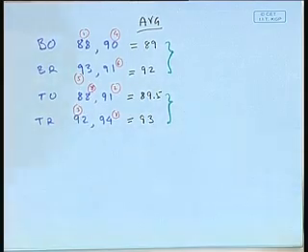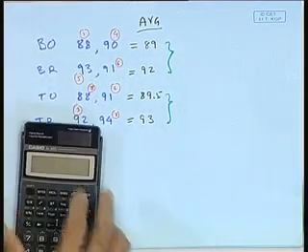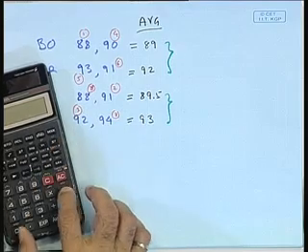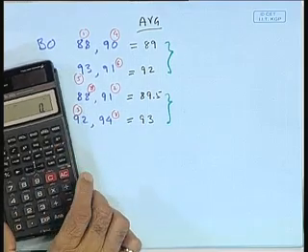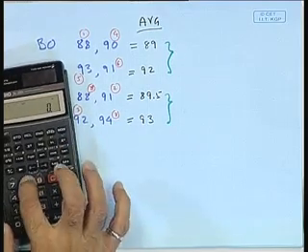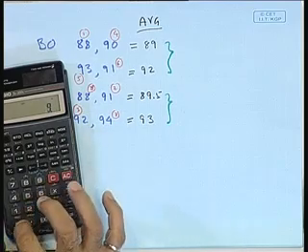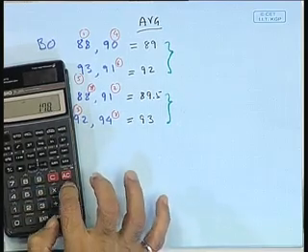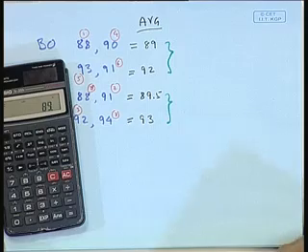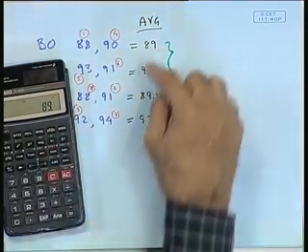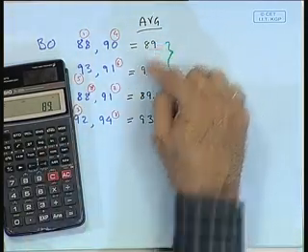Let's try to do that precisely. I'll be using a calculator. I've got 88 plus 90 divided by 2. That's 89. That's already there, so that is confirmed. Now let me average out these two.